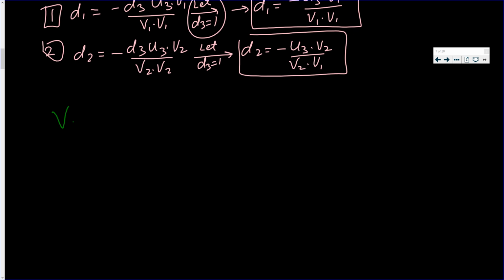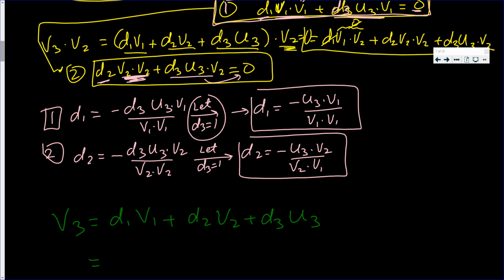We know that V3 is equal to D1 V1 plus D2 V2 plus D3 U3. But we now know what D1 and D2 are. D1 is this mess. It's negative U3 dot V1 over V1 dot V1.